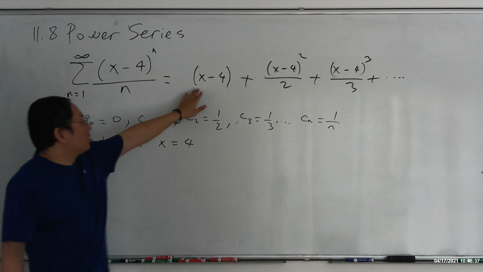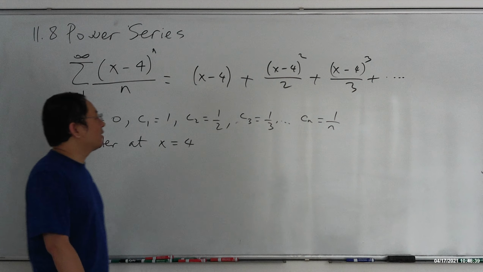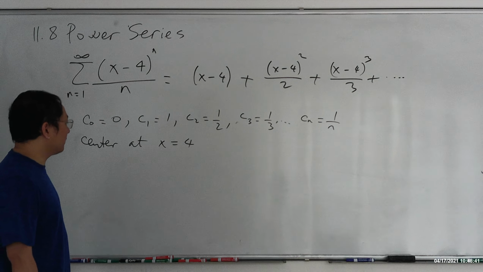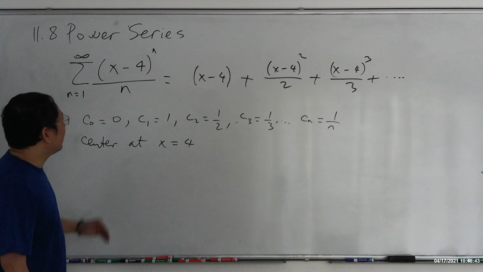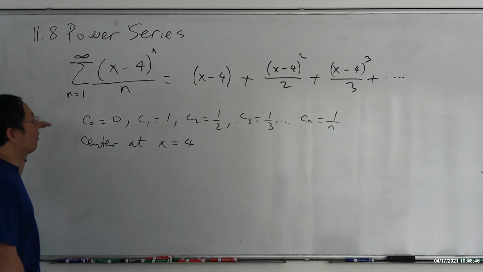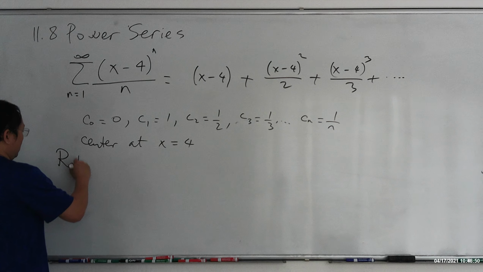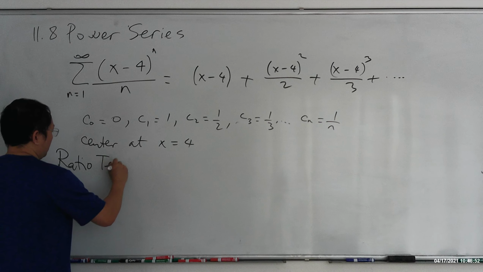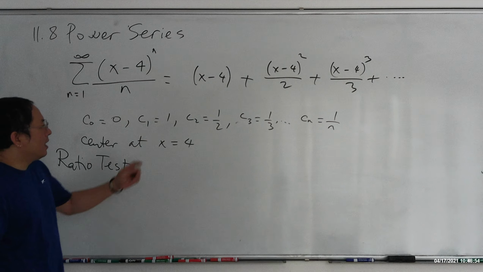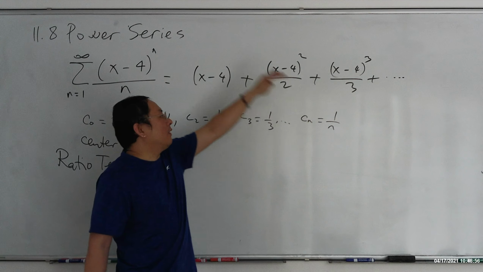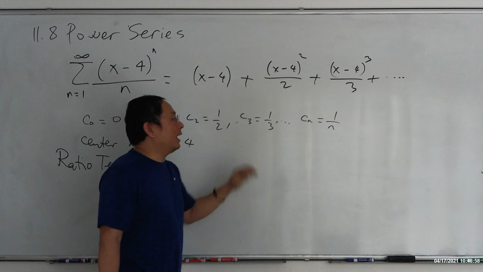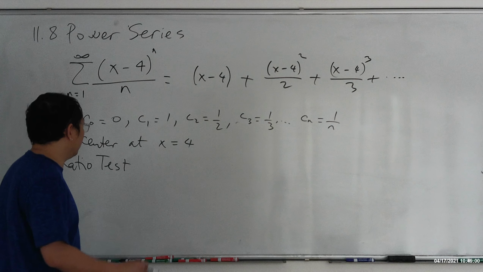What if x equals 4.1, 4.2? Is that still convergent? Let's figure it out. For this type of problem, we're always going to use the ratio test. Remember the ratio test? We take the next term divided by the previous term, and then take the limit as n goes to infinity.